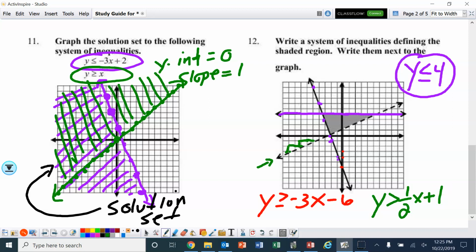All right, so you're just going backwards. You're looking at it, coming up with the inequality, which way did you shade, what type of line is it, slope and y-intercept. All right, so that's number 12, and that is the end of section 3.3.